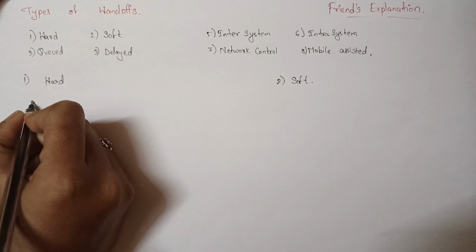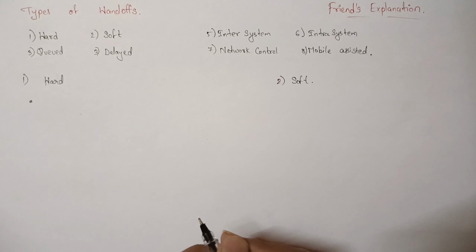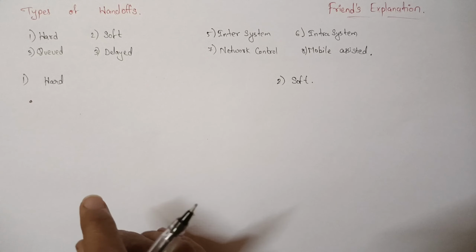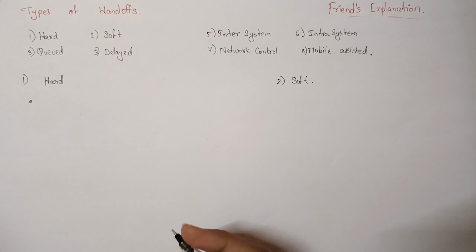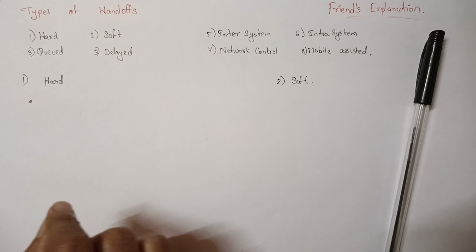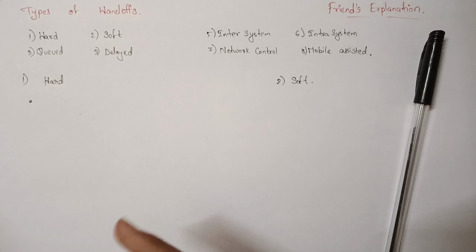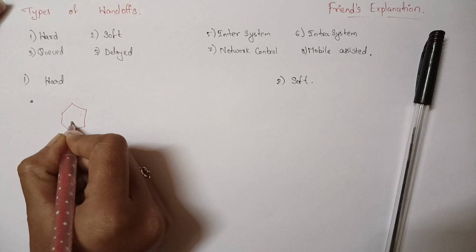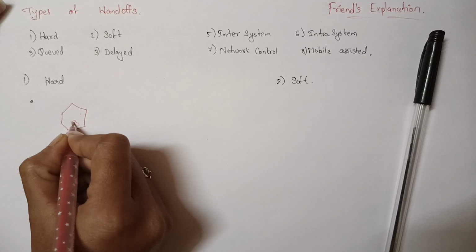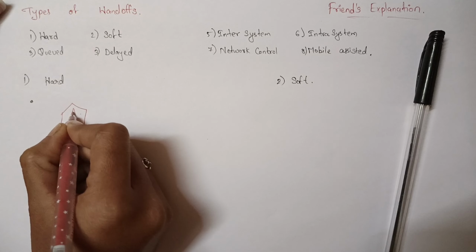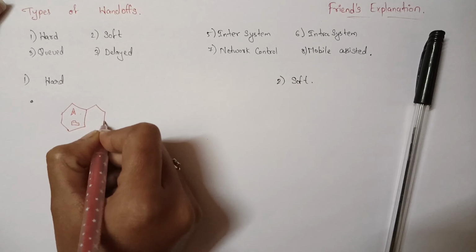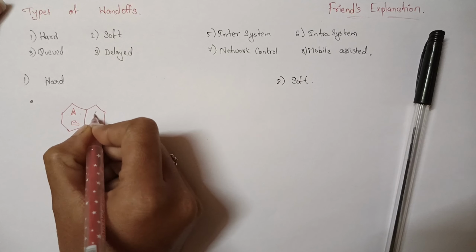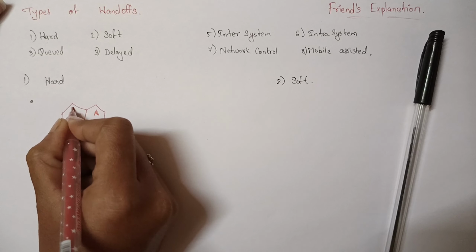So this hard handoff is defined as one where an existing connection must be broken down before making a new connection. That means if a car is in cell A and here we have a tower and there is another cell over here, and there is another tower.